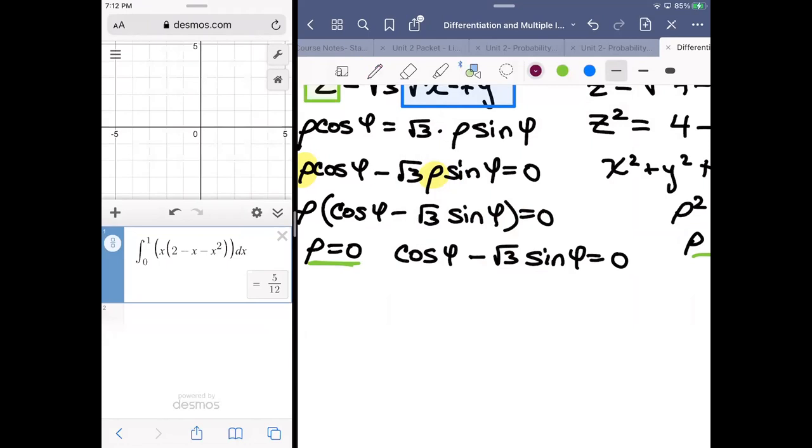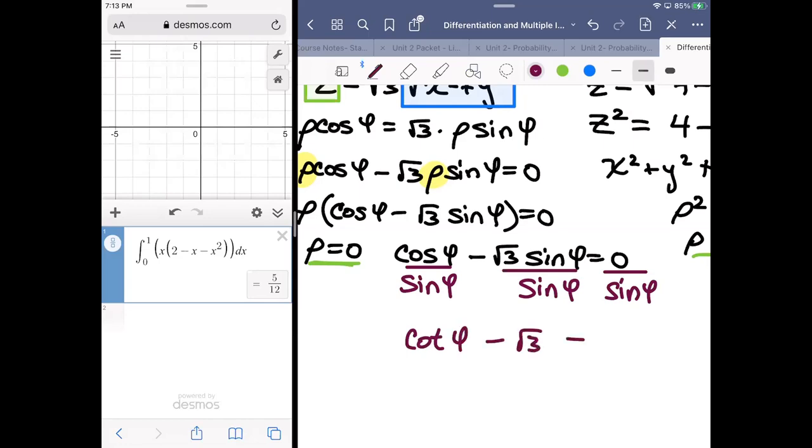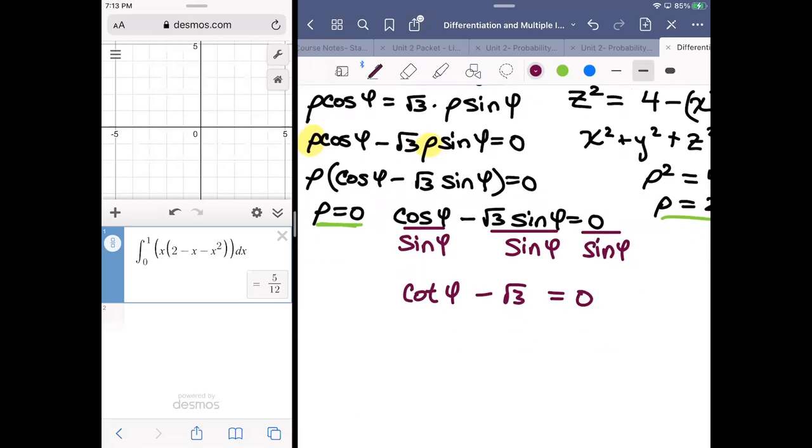If I want to free up that radical 3, I can do that by dividing each term by the sine of phi. And I get cotangent of phi minus radical 3 is equal to 0.